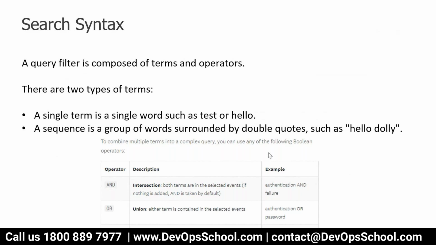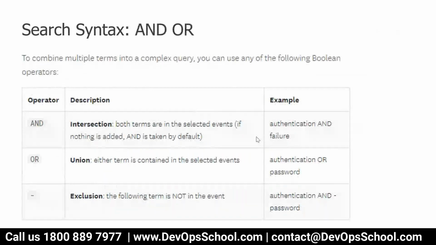Are you understanding now? The last one is exclusion: authentication, but no password, hyphen password. So these are the three syntax ways to search: AND, OR, hyphen. Please always remember that.